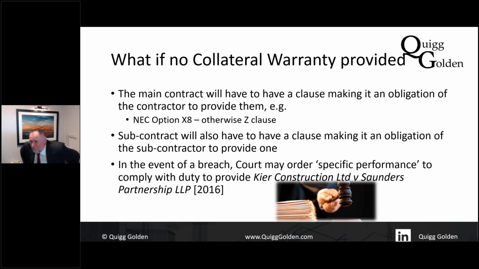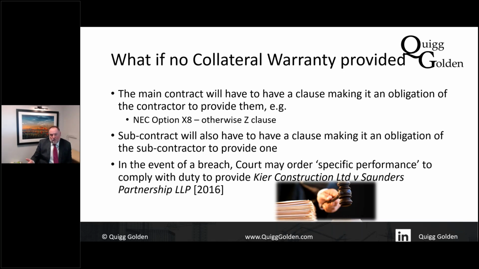So it's really important, if you are the employer, and you want to have warranties in place, or if the funder requires you to get warranties from the main contractor and the subcontractor, then that obligation to provide the warranties must be incorporated into the main contract. And even where that is done, what I often see is something like main contractor to provide a warranty to the funder on terms to be agreed.